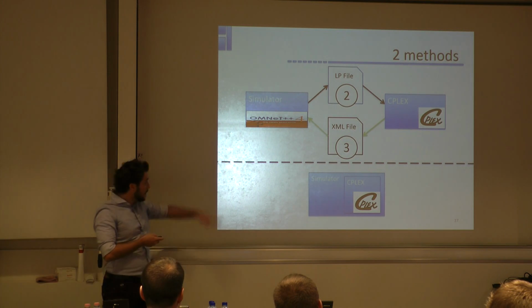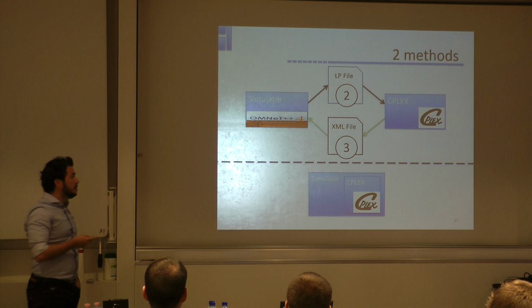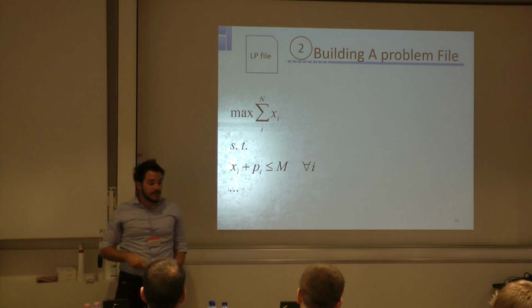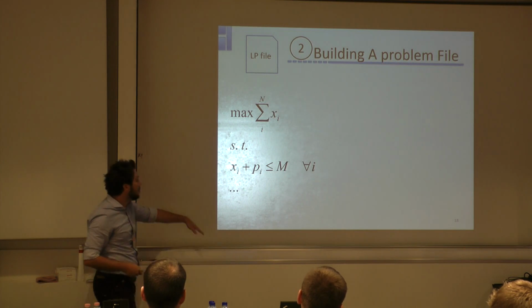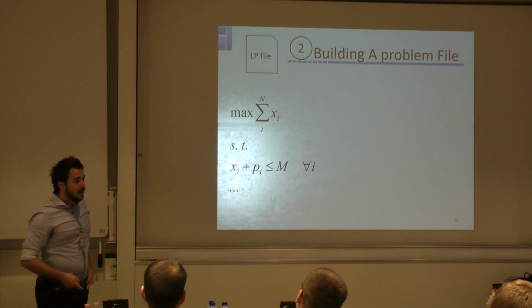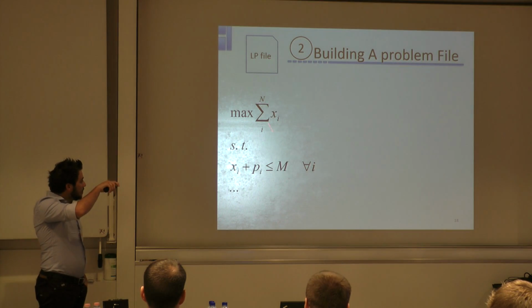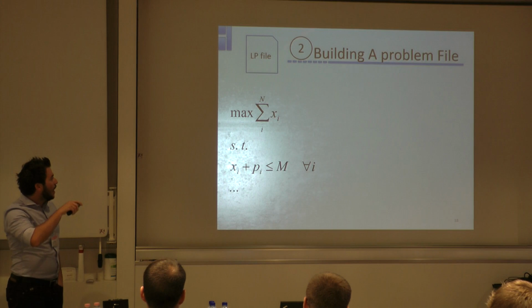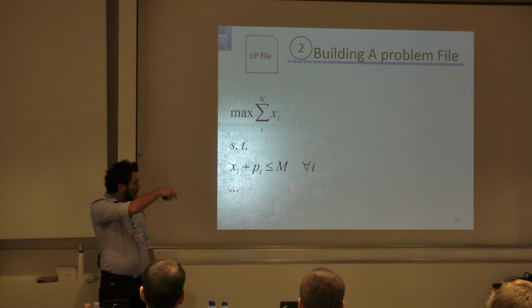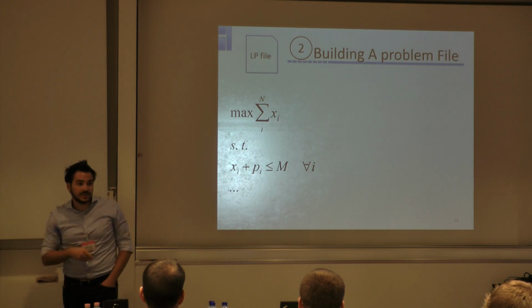Okay, so starting with the first method, we take a look at building the problem. So we have the generic representation of a mathematical problem, and basically what we have is a lot of mathematical symbols, something like summations, and for each symbols.